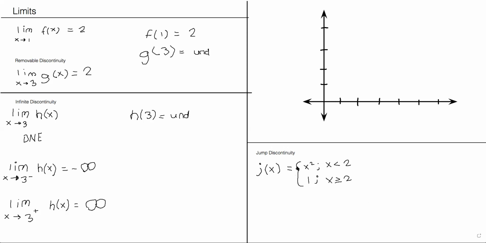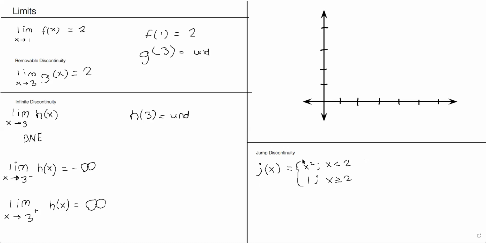So I'm going to draw x squared like I normally would, but this time I'm going to stop when we get to 2, because we know the function only exists with this function definition when x is strictly less than 2. So what happens if we plug in 2 for x? If we plug in 2 for x, we get 4.